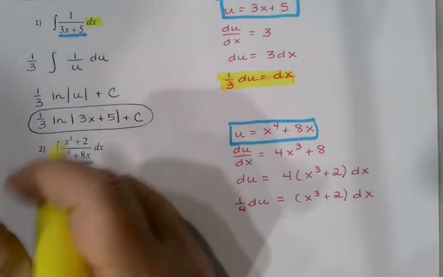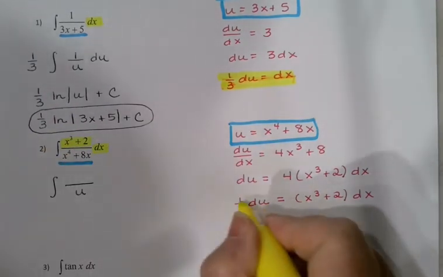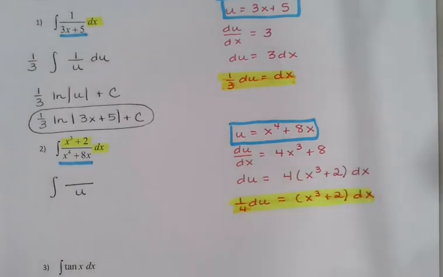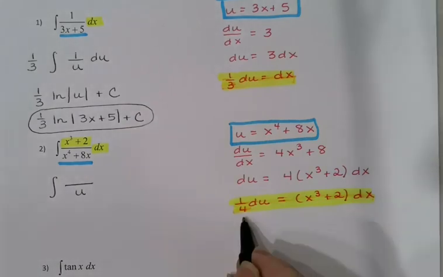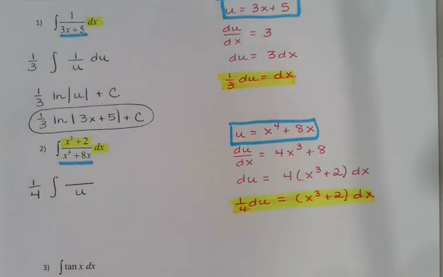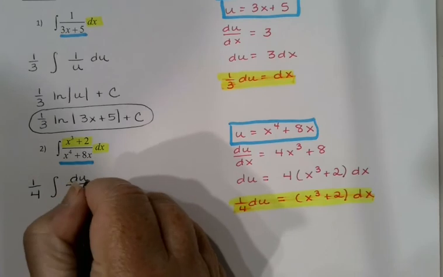And then this entire thing, this x cubed plus 2 dx, all of that can get replaced with the 1/4 du. So kind of like I did in the last one, I know a constant multiplier can just get pulled out of the integral. I'll pull that to the front, and then I have just du.